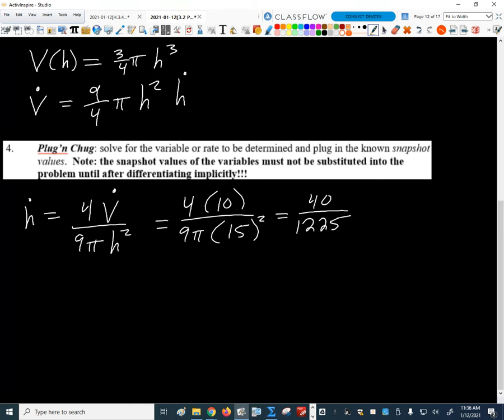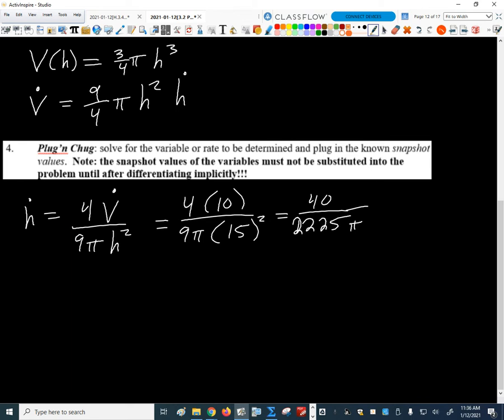No, that's wrong. What am I doing? 2025? Somebody do that real quick. It's 2025. 2025, yeah. 2025 pi on the bottom, and that's it, right?